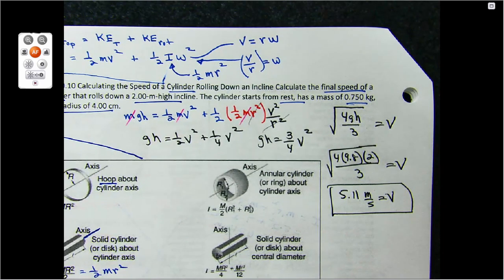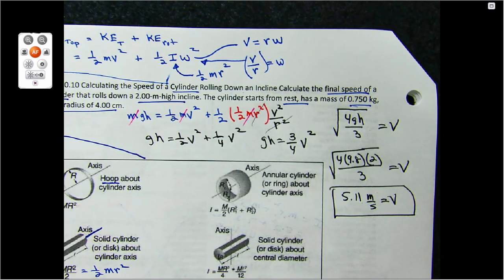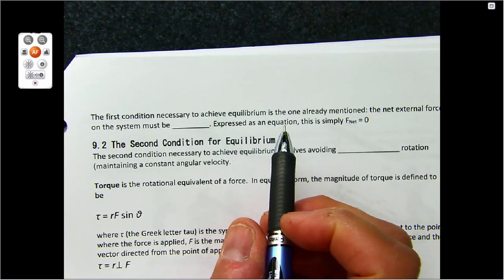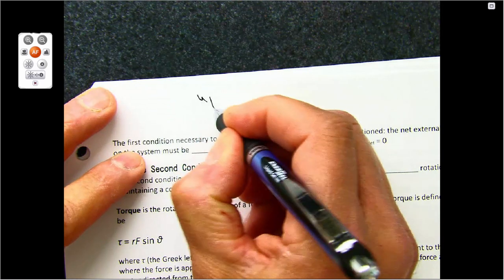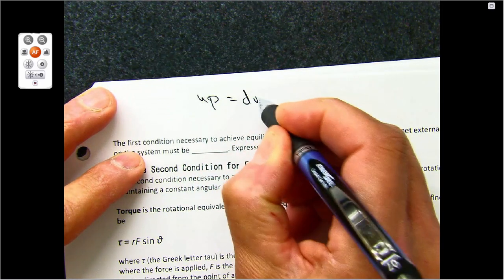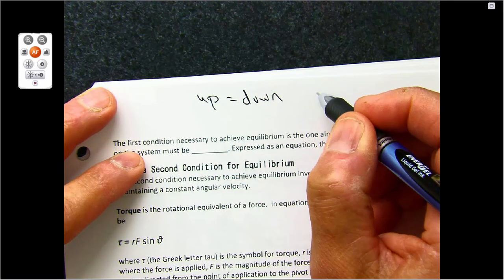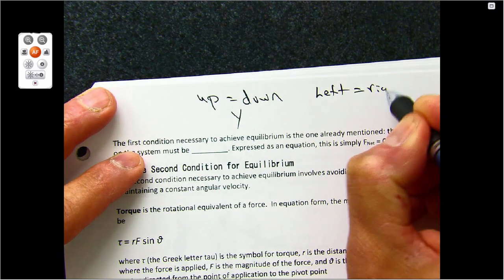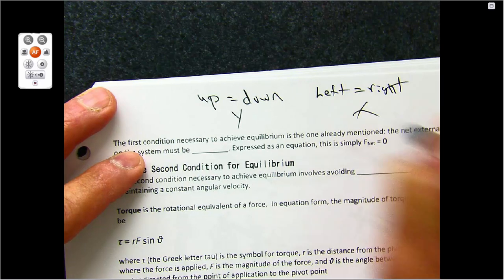All right, let's do some torque. If something's in equilibrium, we say up equals down in the Y, and we say left equals right in the X, correct?